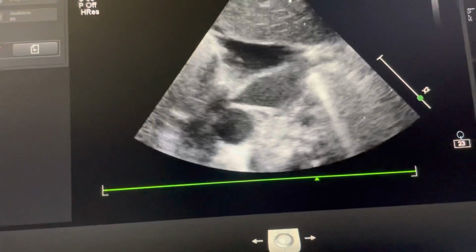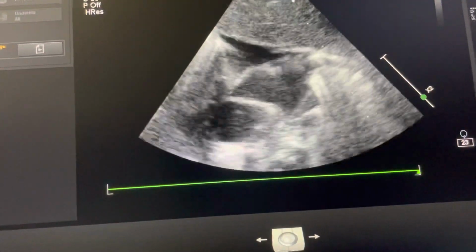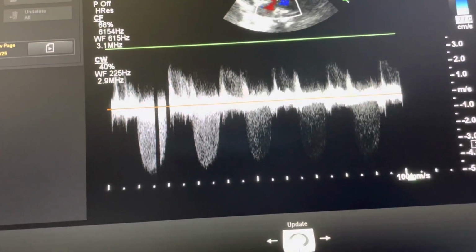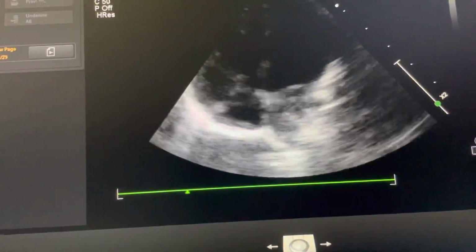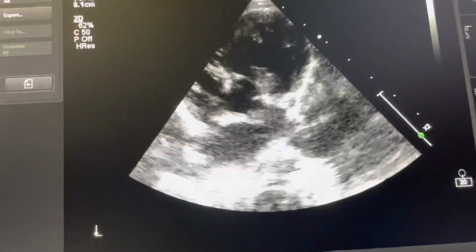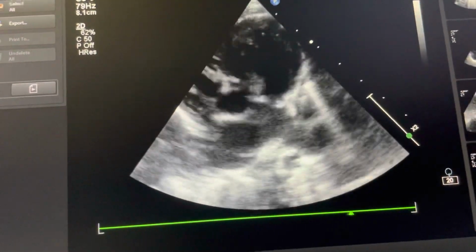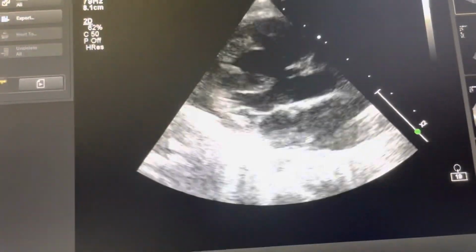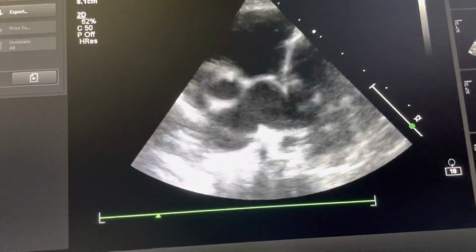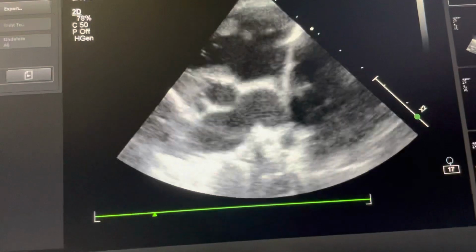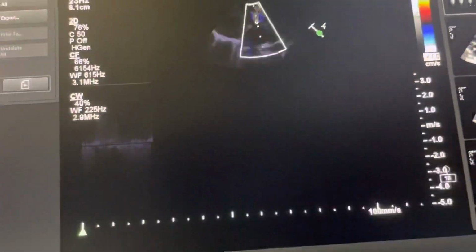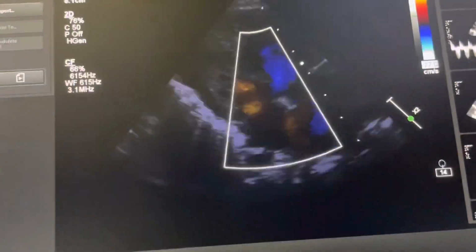When you see this kind of image format, four chamber view, dysplastic pulmonary valve not opening properly, the case is quite interesting, significant pulmonary stenosis.